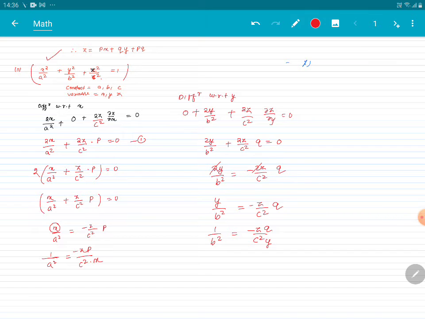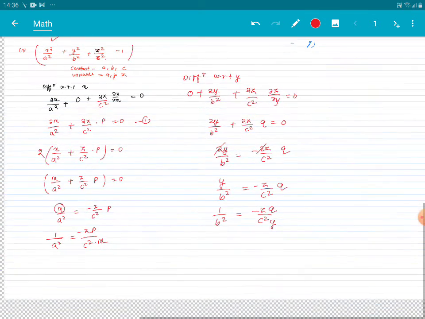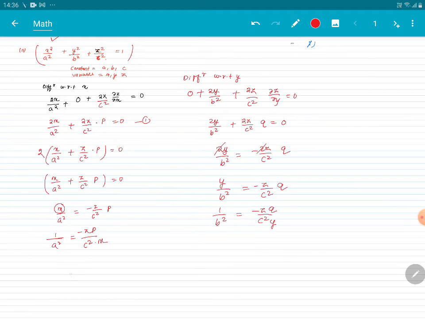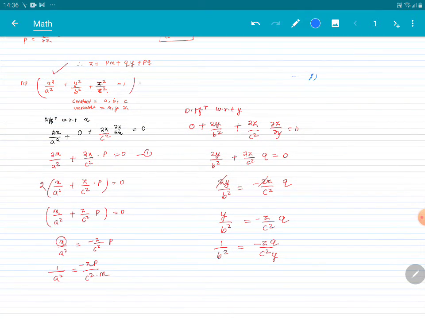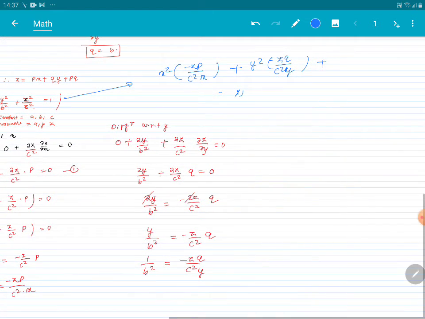Now next, substitute here. Now x square into minus z p by c square x, y square into z q by c square y, plus z square by c square.